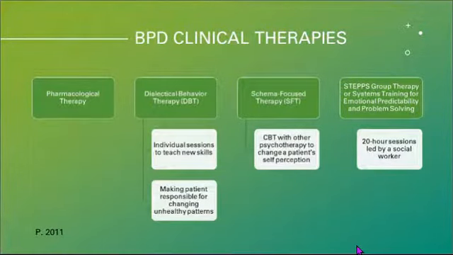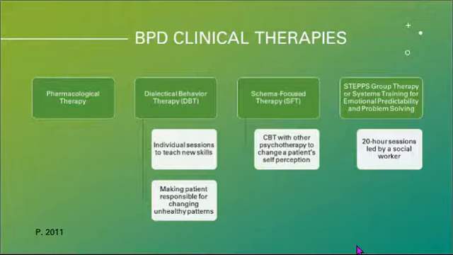Borderline personality clinical therapies: pharmacological, if you can get them on something, because they tend to not believe anything's wrong, but if you can, antidepressants, anti-anxiety, antipsychotics, and mood stabilizers. Behavioral: dialectical behavior therapy, individual sessions to teach new skills, making the patient responsible for changing these unhealthy patterns instead of blaming everything outside of them. Cognitive behavior, schema-focused therapy.